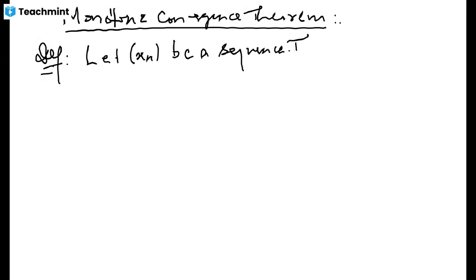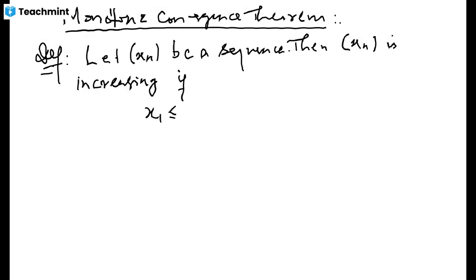Then we say that this sequence xn is increasing if we have the following order for the terms of the sequence: x1 being the smallest, then x2 greater than or equal to x1, x3 greater than or equal to x2, and so on. If this is the situation, then we say that such a sequence is an increasing sequence.